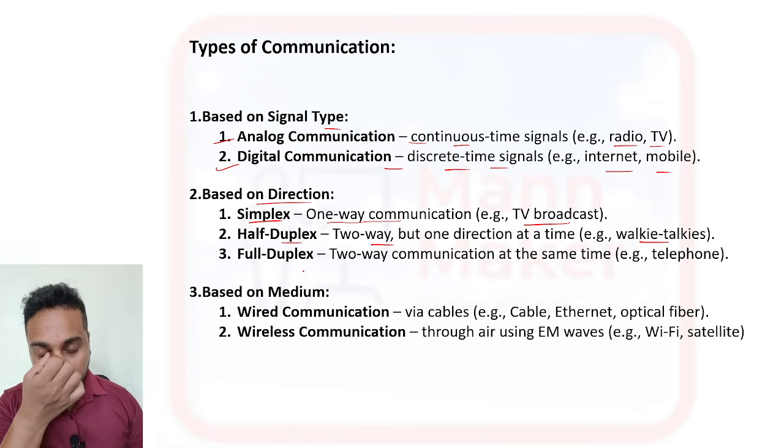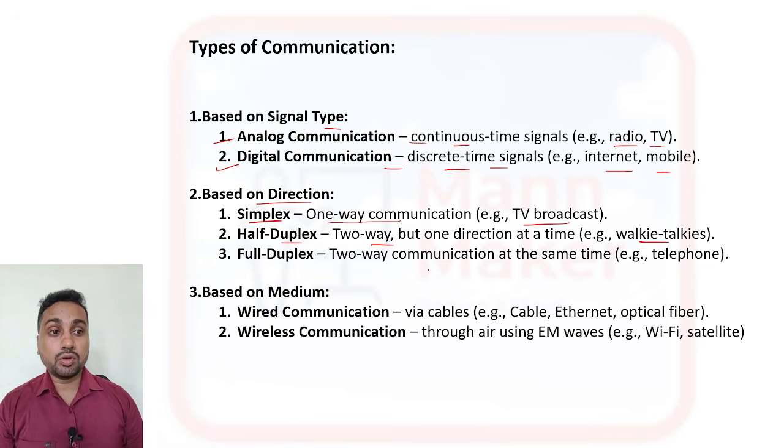Now full duplex means two-way communication at the same time. Simultaneously, we can transmit and we can receive our signal. That is like a telephone or mobile communication. Like here, you are taking classes now. So this is simplex communication. I am only teaching you right now.